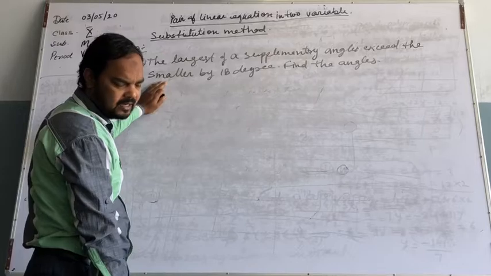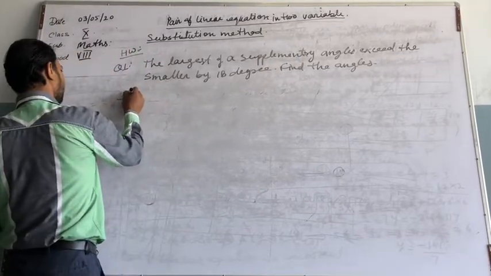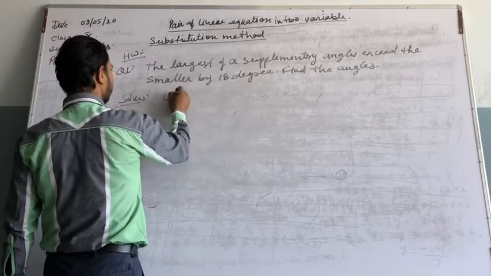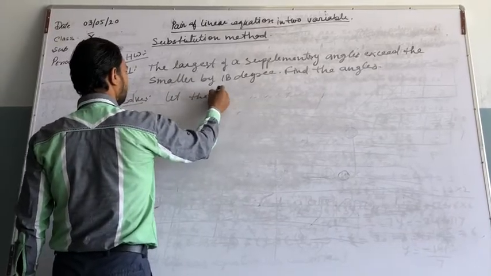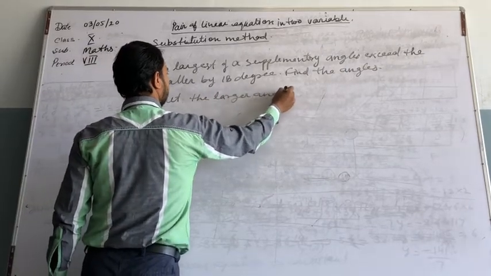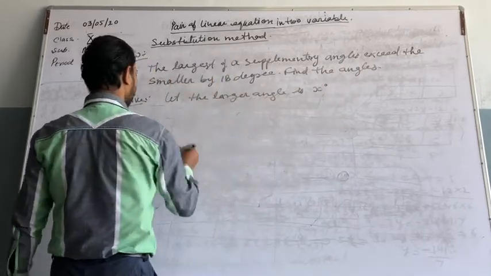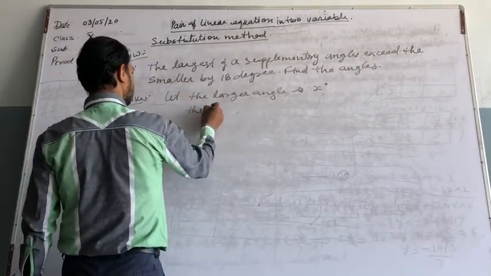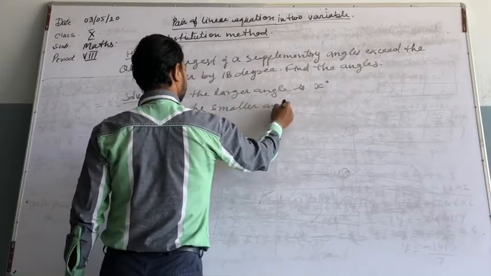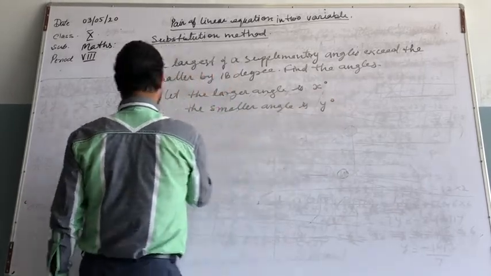Find the angles. Now we are going to form the equations, and then you have to solve them. Let the larger angle be x degrees and the smaller angle be y degrees. So condition first.